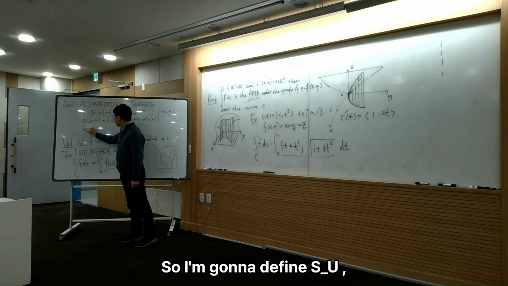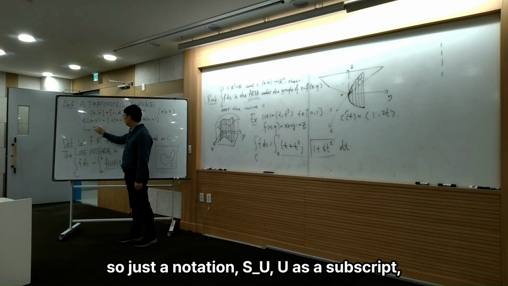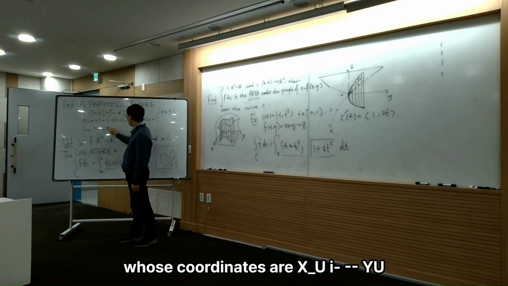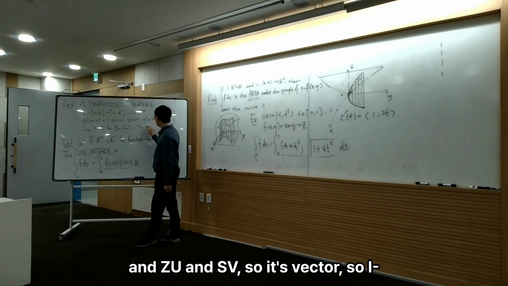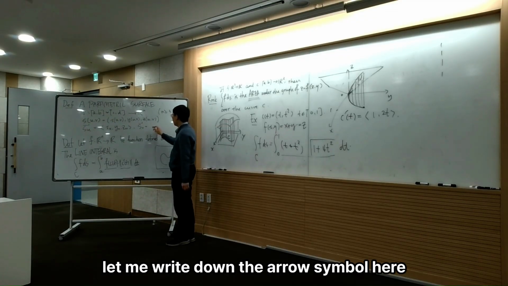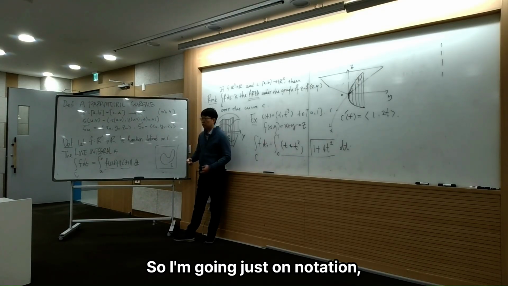I'm going to define S_u, with u as a subscript, as a vector whose coordinates are x_u, y_u, and z_u. And S_v is also a vector, so let me write the arrow symbol here, with coordinates x_v, y_v, and z_v. This is just notation.